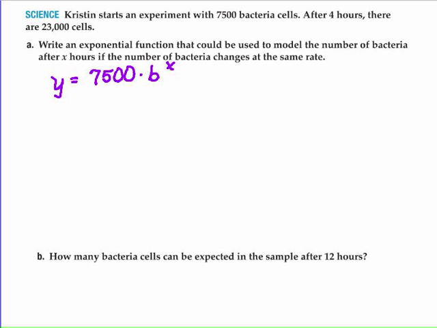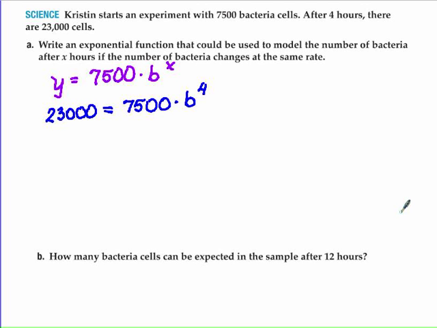So then now they tell me that after 4 hours there are 23,000 cells. So what I can do is plug 23,000 in for y, okay, equals 7,500 times b to the 4th power.